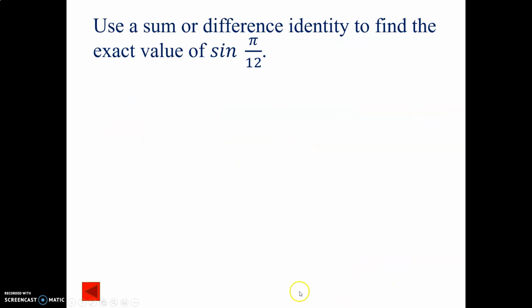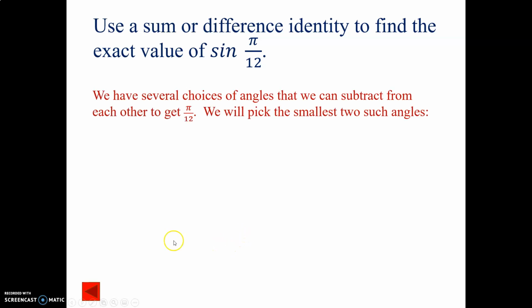So if we continue this, again, same problem, using this to find sine of pi over 12, from all of those, we have several choices of angles that we can subtract from each other to get pi over 12. We will pick the smallest two such angles. So the first two that we actually came up with: pi over 6 is 2 pi over 12, and pi over 4 is 3 pi over 12.